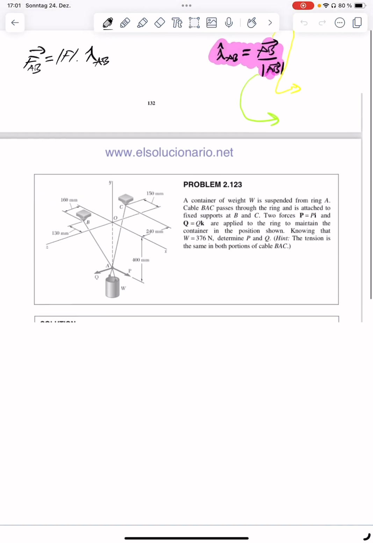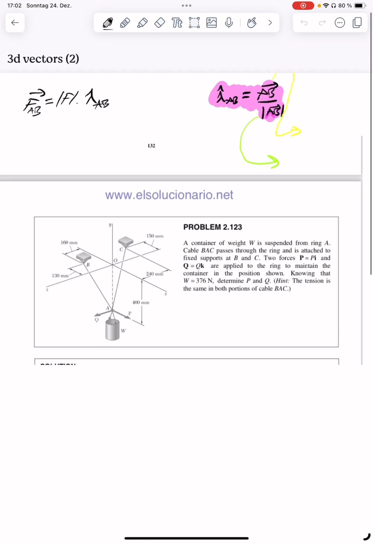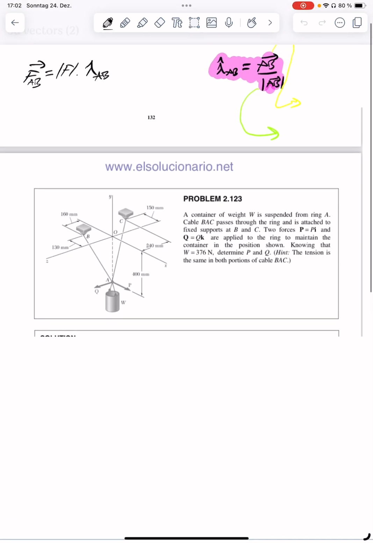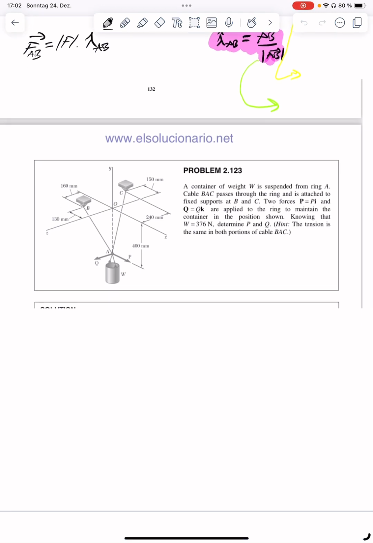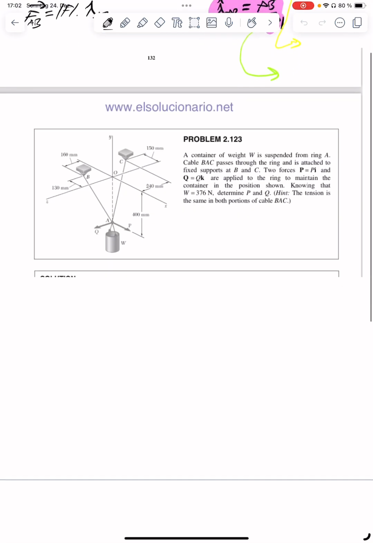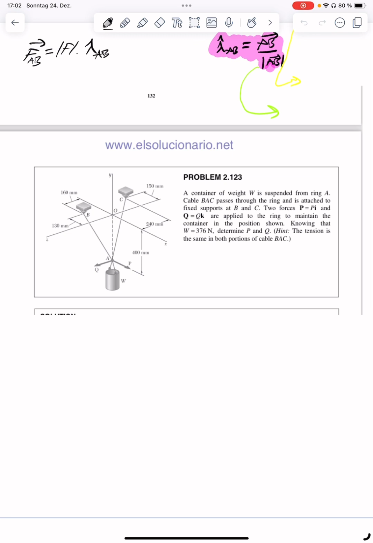Today I am going to talk about the third method of 3D vectors. I want to show you how to solve these problems. I have a problem and we must know two equations.